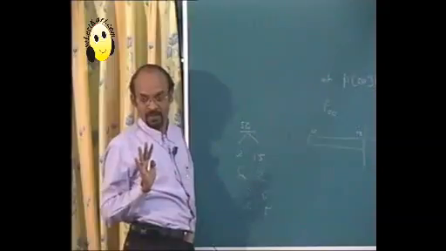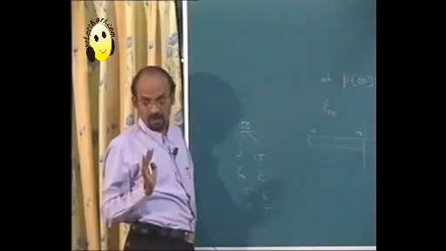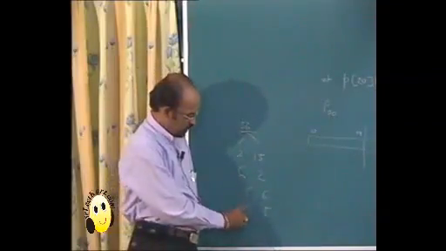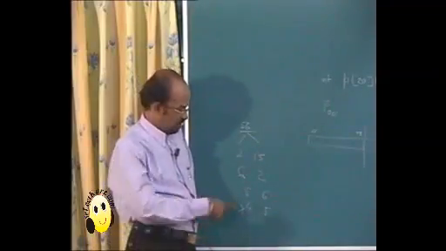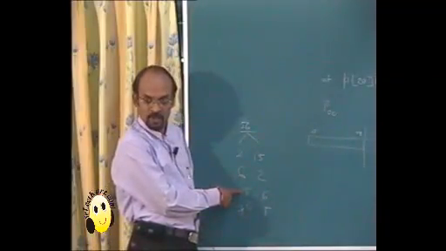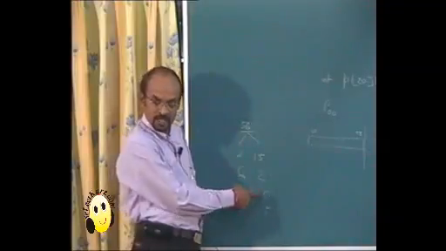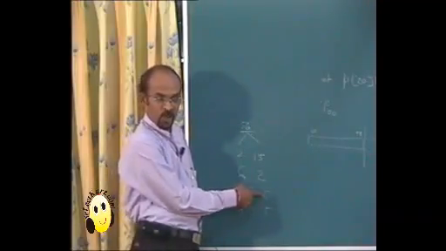Means 40 elements. So this cannot be the answer. It will be row number 5, column number 6, or column number 5.